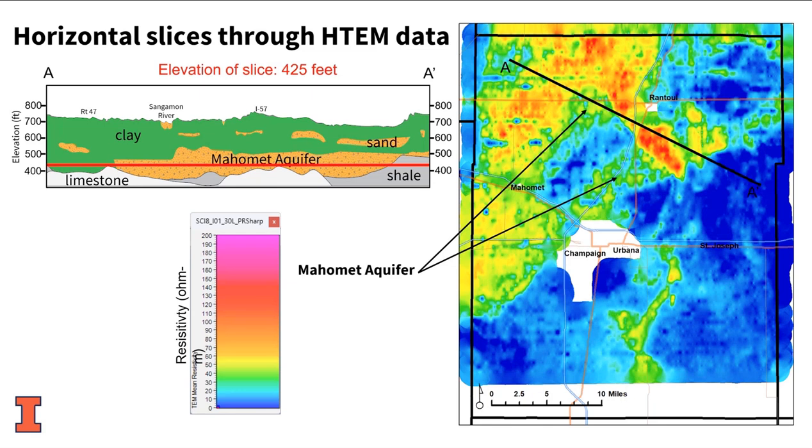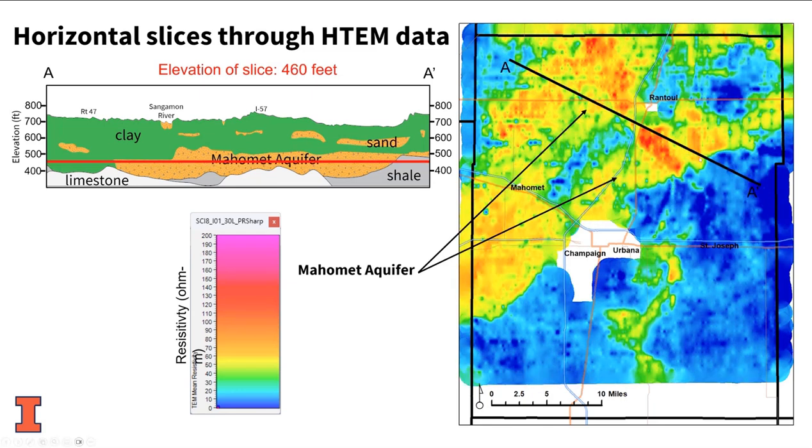And as we get into the middle of the Mahomet Aquifer, we see that this aquifer is bifurcating, it's splitting across the county, which we kind of knew was there, but now we're really starting to define exactly where it is. We see these beautiful defined boundaries of exactly where that aquifer is and where it isn't.